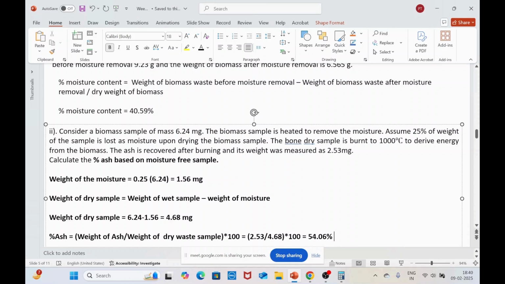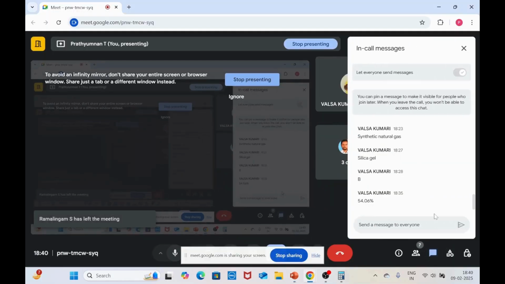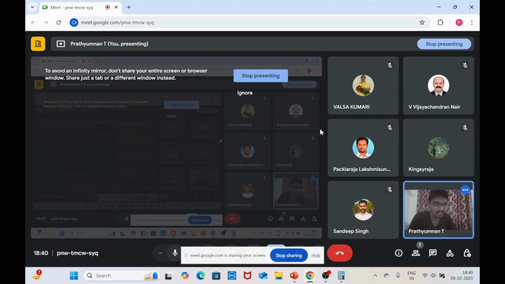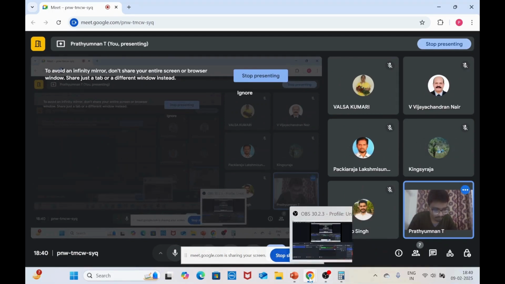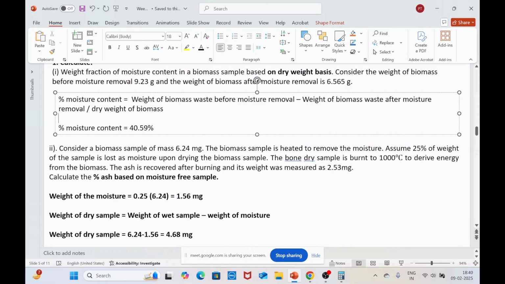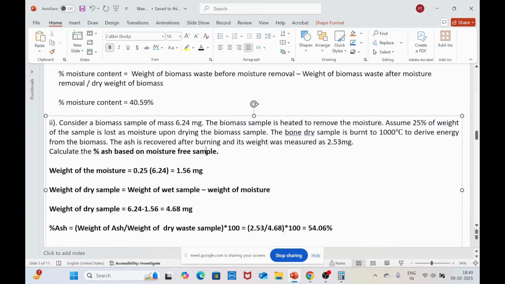Any discrepancy with the answer? Anyone have some? Okay, yeah, 54.06 percentage. So this is your percentage of ash based on moisture free sample. These are the two questions which we were supposed to discuss in week 1 itself. Let me give a minute or two.